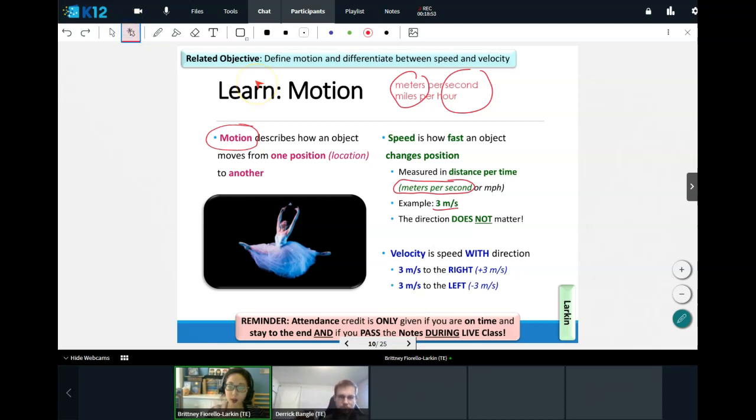All right, now the important thing about speed is the direction does not matter. Think about this. If I'm going 3 miles per hour forwards or 3 miles per hour in reverse in my car, does my speedometer ever go negative? Tell me in the chat box. Even if I'm going in reverse in my DeLorean or in my car, does the speedometer ever go negative?